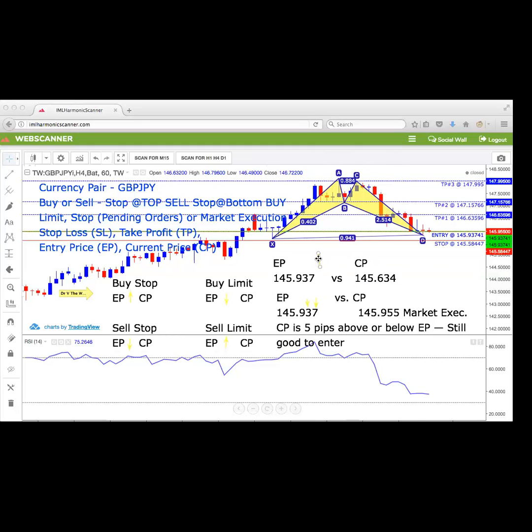Select. Erase. Too fast. Okay. Entry price is above. So we know this is a buy limit or sell... I mean, a buy limit or stop. It's above, then it would be a buy stop. Bam! Look at you.